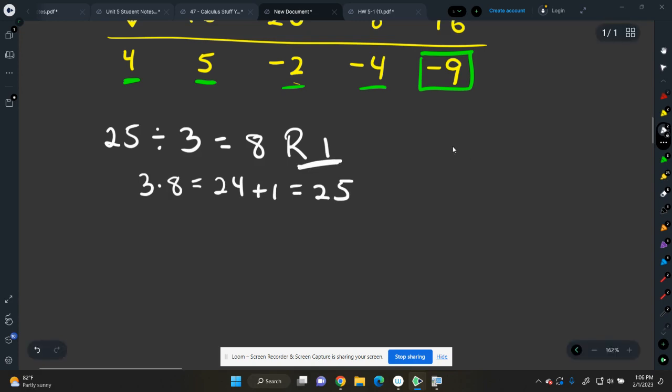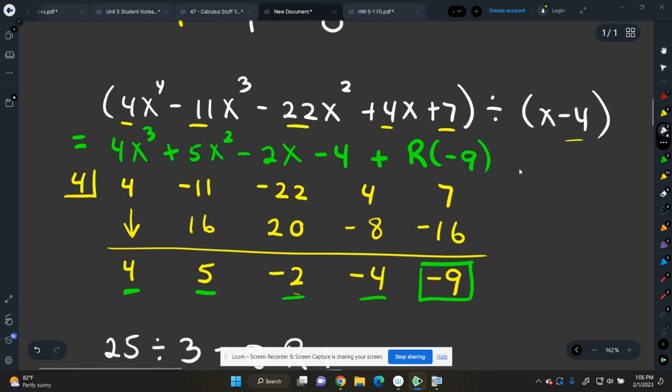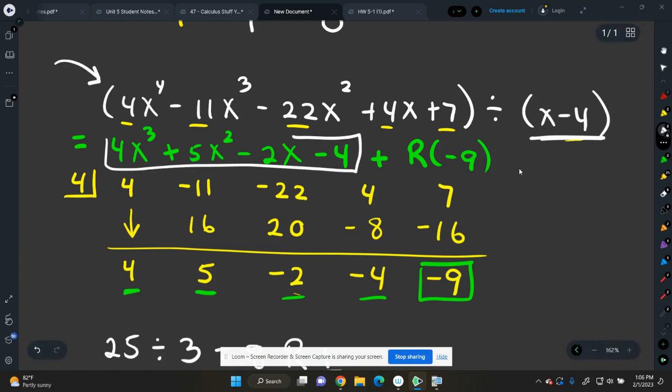Okay, let's go up to the polynomial. We have a remainder. So is x minus 4 times 4x to the 3rd plus 5x squared minus 2x minus 4 equal to this? No. But if I multiply them together, what do I have to do to actually get this? Add the negative 9.